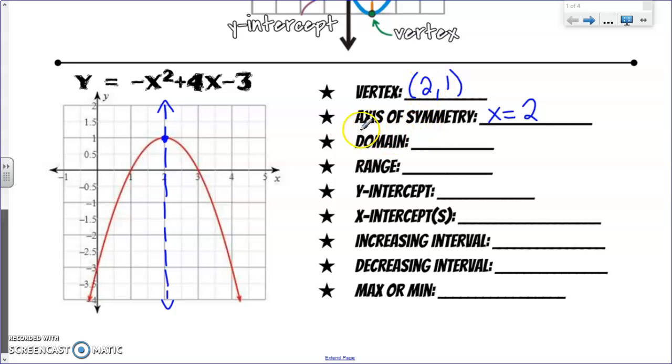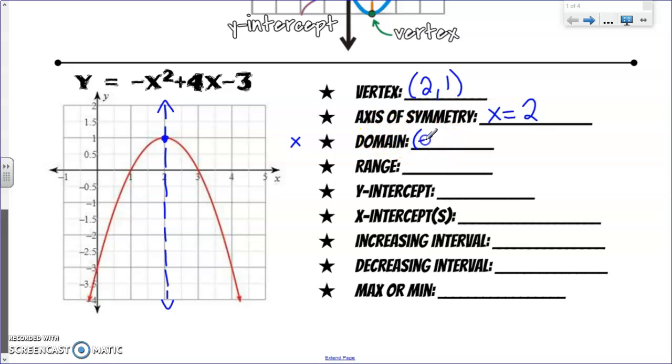Okay? Domain. Now, we've talked about domain before, just a little bit in linear functions. Remember, is domain x or y? It is the x. So it's our x values, it's our input. Remember that when we did functions? So the domain of a quadratic is going to always be all real numbers.